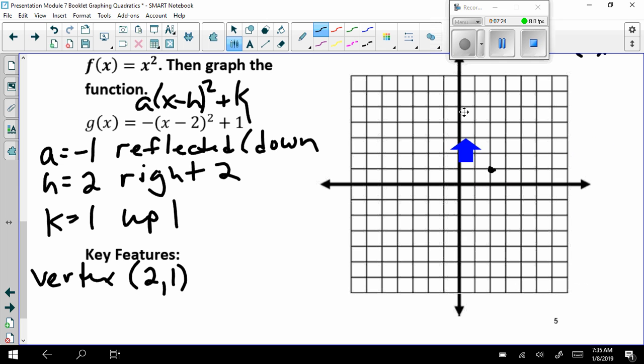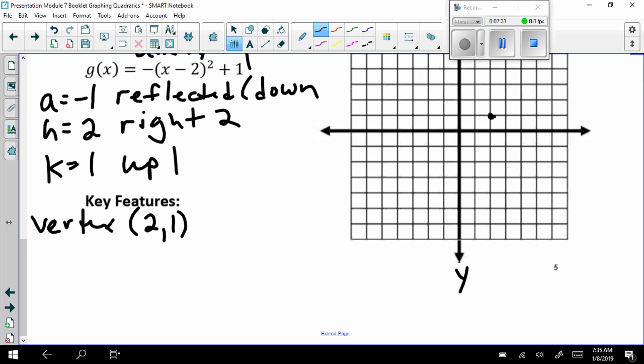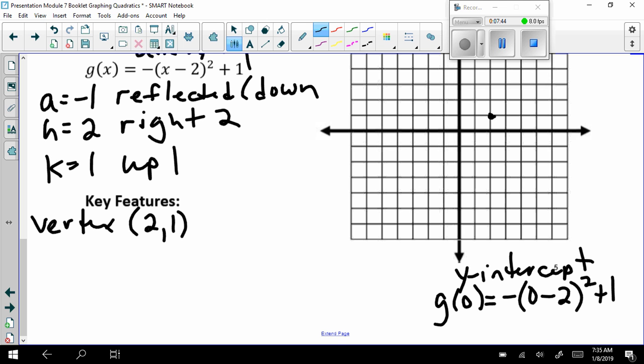The easiest thing to do is to plug in x equals 0. So over here I'm going to find my y-intercept. And it's going to take me a little bit of work. So g of 0 is -0 minus 2 squared plus 1.